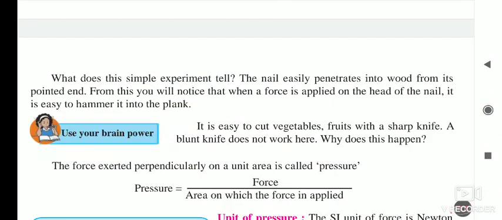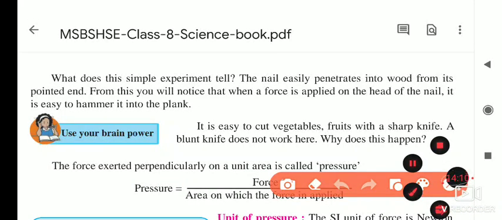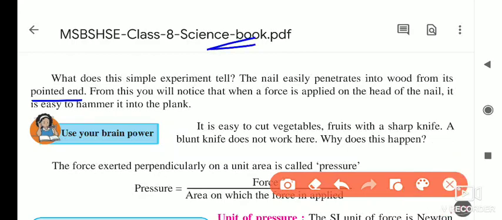From this experiment-related question, the nail easily penetrates into the wood from the pointed end. With this pointed end, less area, more pressure is applied, and so it penetrates inside the wooden drawing board.